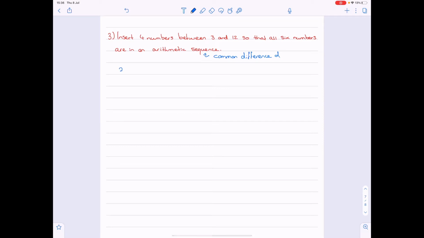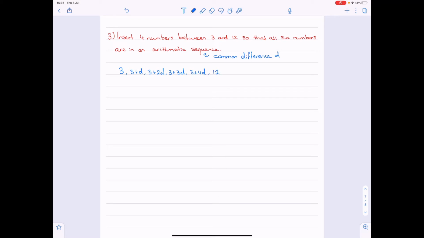So it'd be 3 plus d, the second term, because you're just adding the common difference. 3 plus 2d, 3 plus 3d, 3 plus 4d, and that's 1, 2, 3, 4, 5. And then we have the 12 at the end.